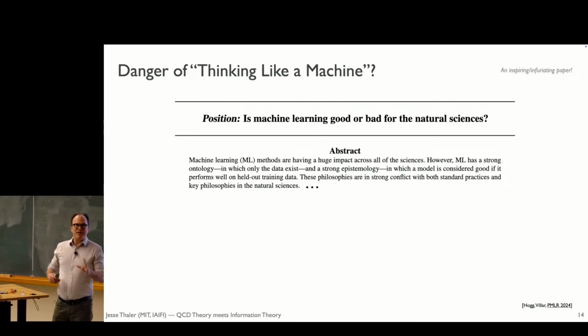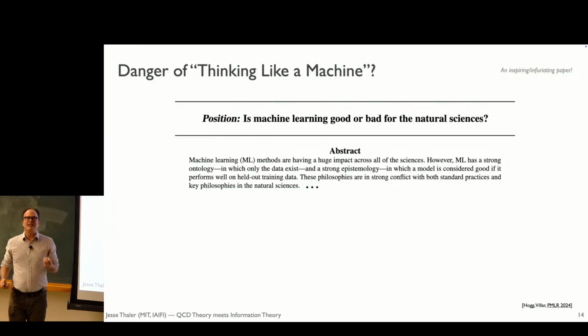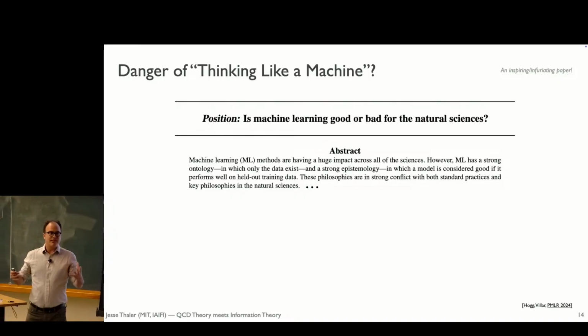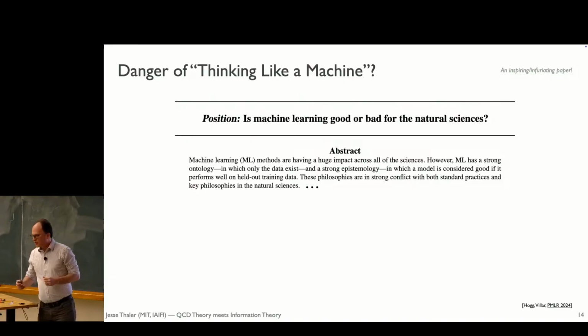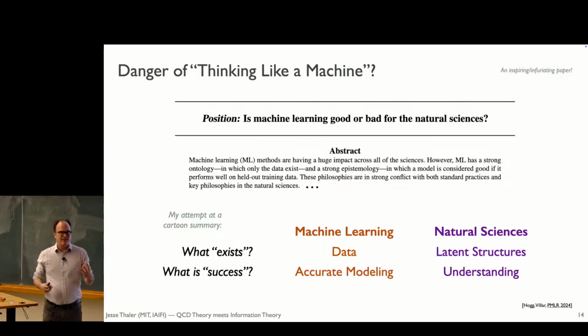Okay, so maybe you haven't thought about the philosophy of science recently. Let me try to translate this into a simpler language. So this is my cartoon version of the argument of this paper. What they're saying is that if you're a machine learning person, what exists is the data. And success means that you've accurately modeled that data.